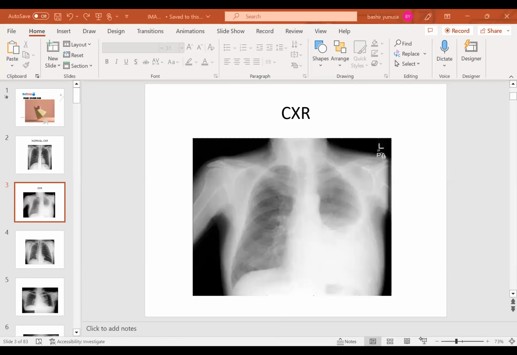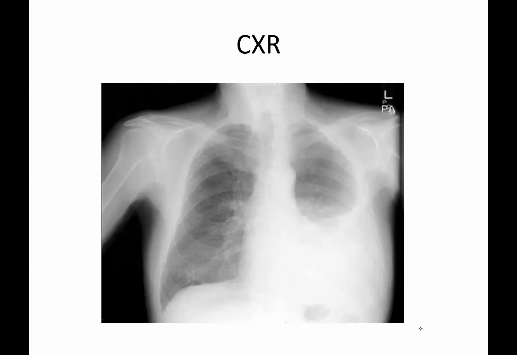Okay, let's see it again. Now you can see this, there's a homogeneous opacity on the left side of the chest. This homogeneous opacity, it is uniform. That is number one. So it is homogeneous, likely to be a fluid.